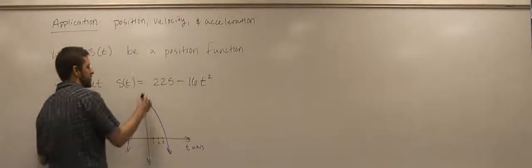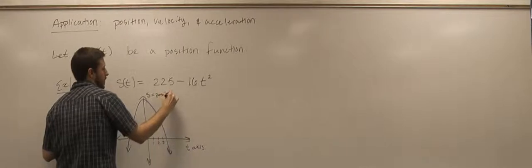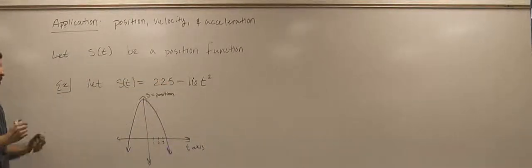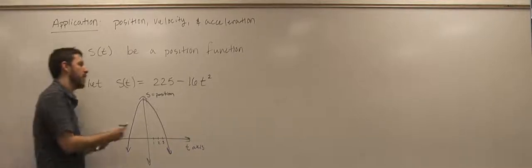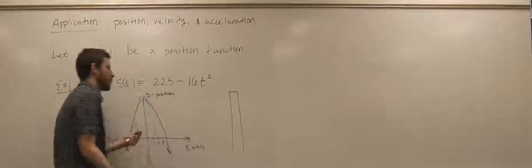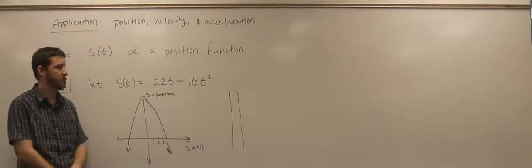And the y-axis measures your position. For this particular type of equation, what this is supposed to model is dropping some rock or some object from the top of a 225-foot building.